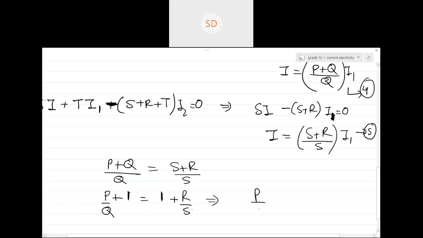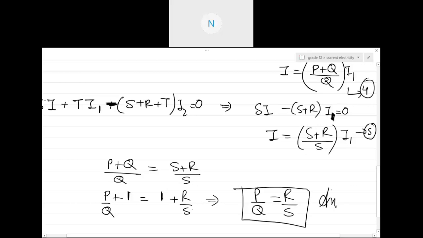That implies, any doubt? Hence this is your condition. So from the given condition, we got this result. So the converse is also true, right? Yes or no, guys? Yes, sir. This is your derivation for the Wheatstone bridge balance condition. Okay?